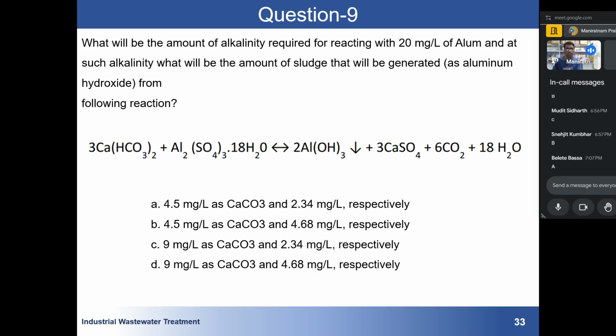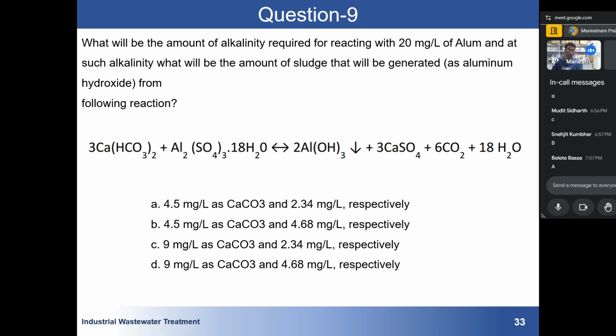You can see this much alum we are adding, and alkalinity will be in the form of bicarbonate. One mole of alum reacts with 3 moles of bicarbonate, which is responsible for alkalinity, and also 1 mole of alum gives 2 moles of aluminum hydroxide as precipitate. So you have to convert 20 milligram per liter into moles, multiply by 3, convert into alkalinity as CaCO3, and similarly take twice the moles and multiply by the molecular weight to get the precipitate.